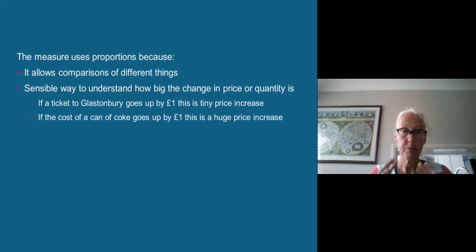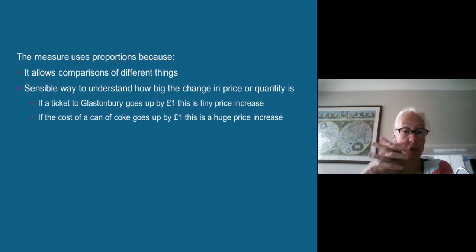Now, the reason why we do this as changing quantities and as proportions is it enables us to calculate elasticities of demand and compare different things. One of the reasons for this is that it's a way that we can understand what the effect is of a change in price.